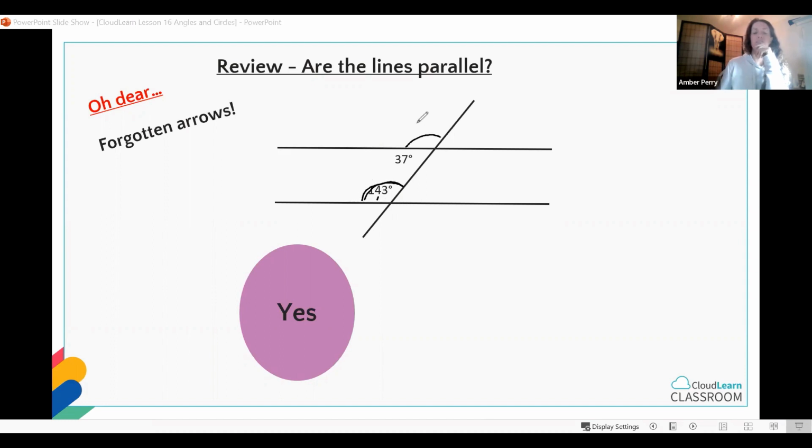If I had given you 143 and 143, you would have used corresponding angles. Instead, we added up the two angles inside that C shape, which are the co-interior angles. That's the mathematical word you were looking for, co-interior, or sometimes allied, but generally co-interior.